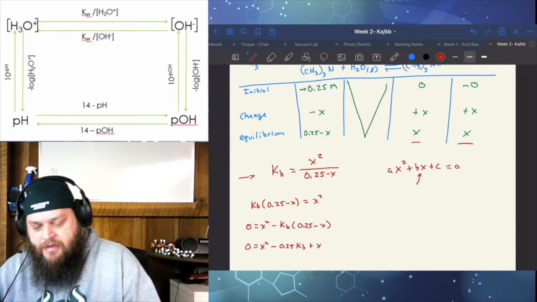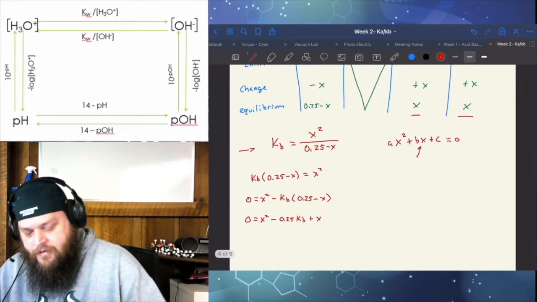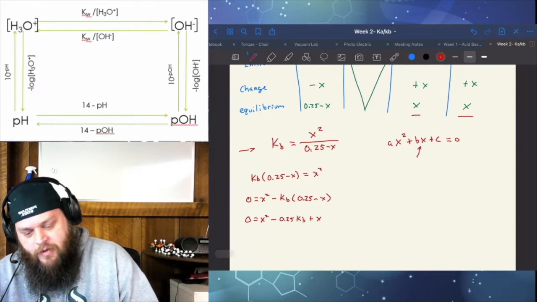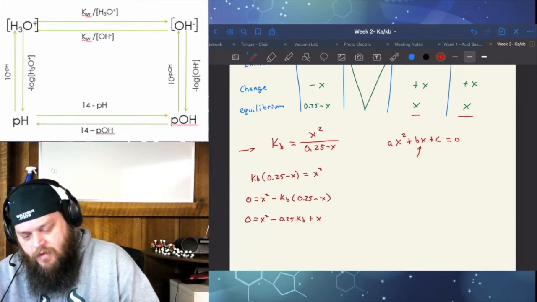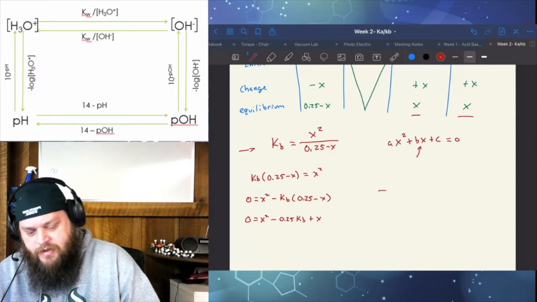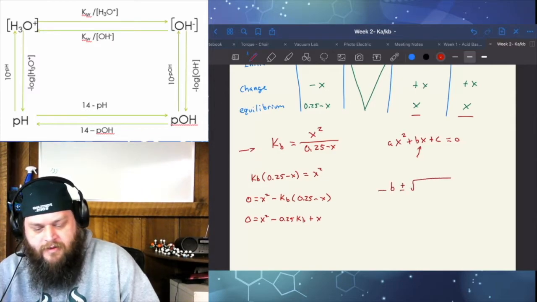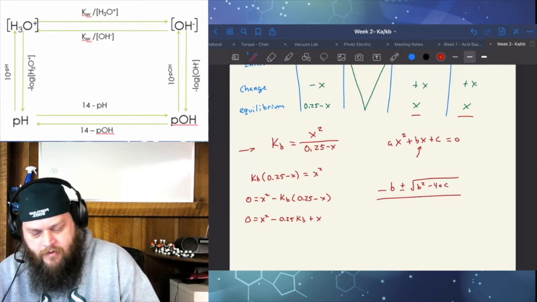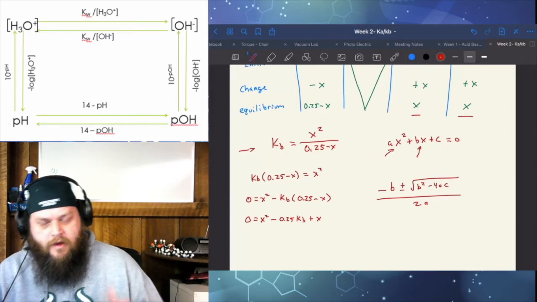Make sure you get that plus x because it's the negative times that negative. So now we have our quadratic equation in this form. We can plug it into the quadratic equation, which is negative b plus or minus the square root of b squared minus 4ac divided by 2a, where a, b, and c are the coefficients of the different terms there.